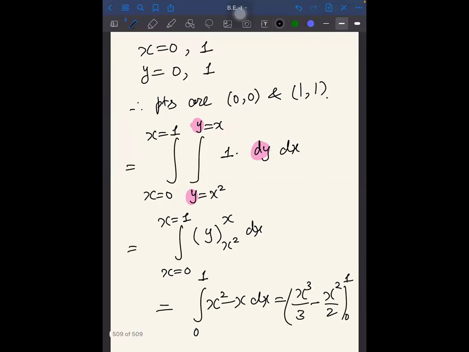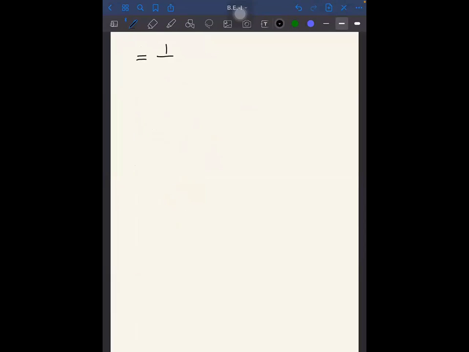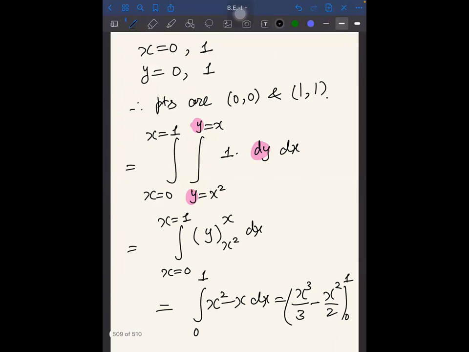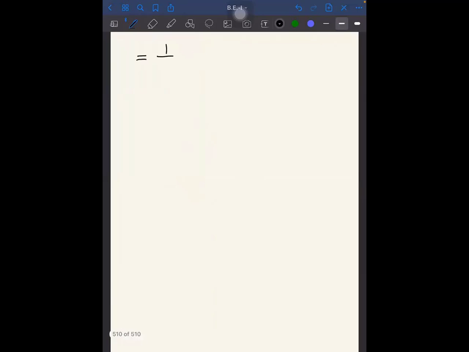Sorry, I'll replace the minus sign over here. This is minus, this is plus. So now this becomes minus 1 by 3 plus 1 by 2. So this becomes 1 by 6.